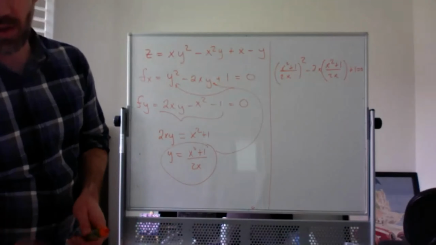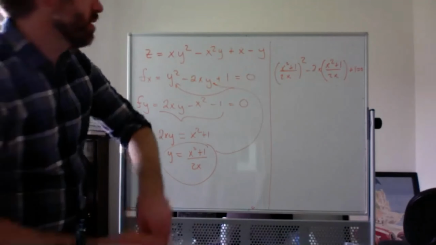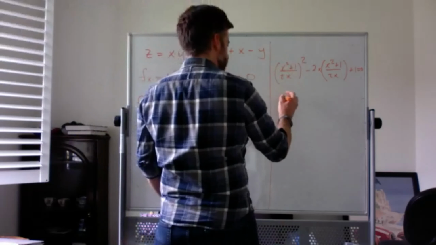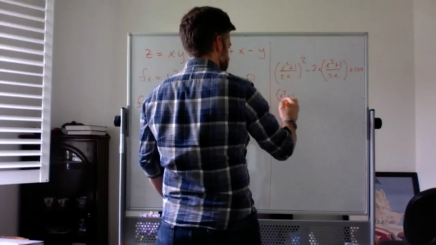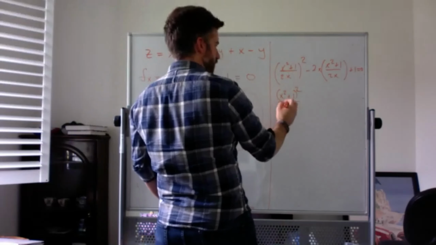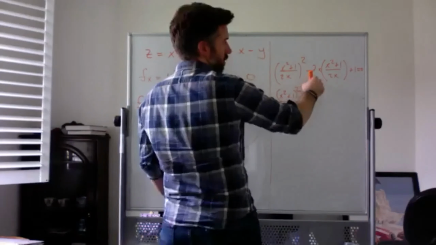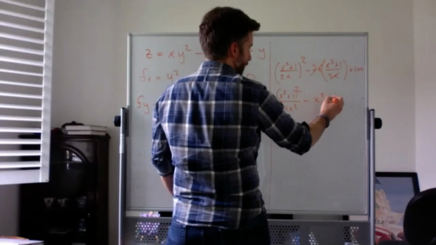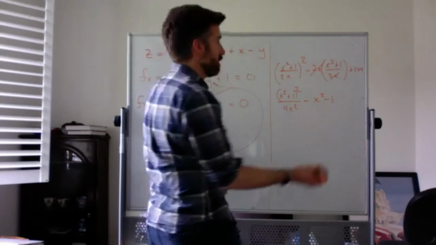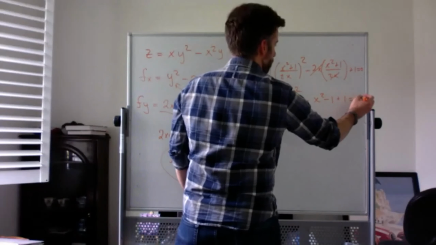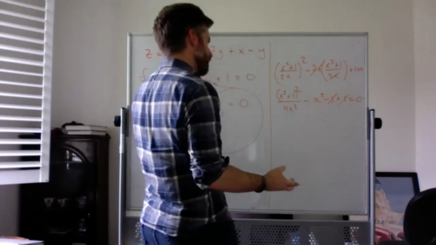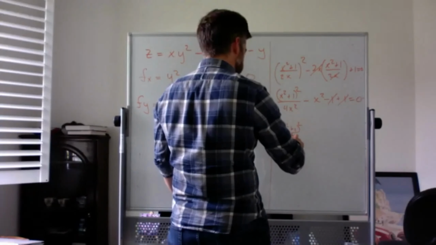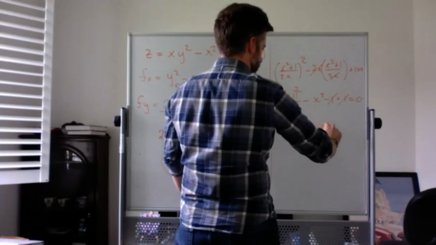So then we're going to try and solve for x. I would probably write this as x squared plus 1 squared over 4x squared. We luck out here, things cancel. So you get minus x squared minus 1, so we distribute, plus 1 equal to 0. These cancel. So then you've got x squared plus 1 squared over 4x squared equal to x squared.